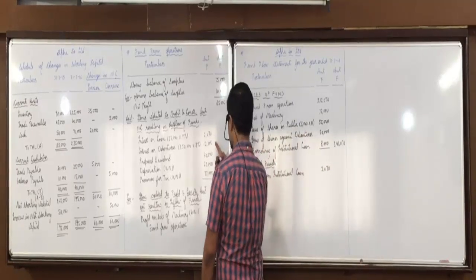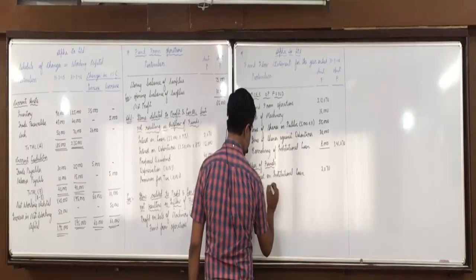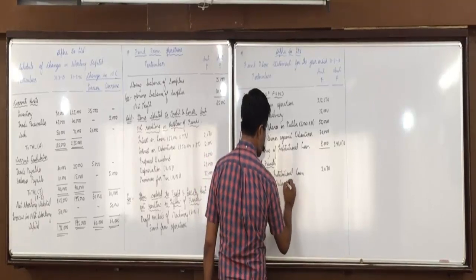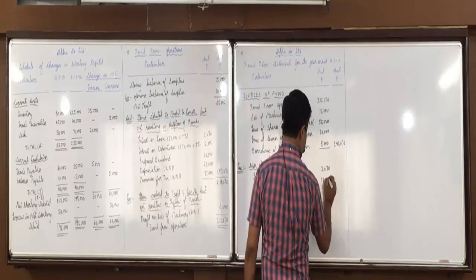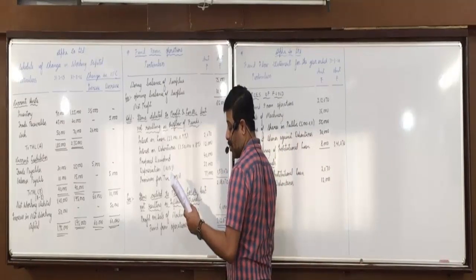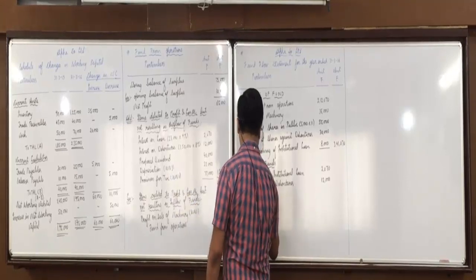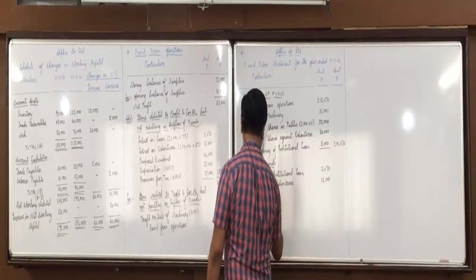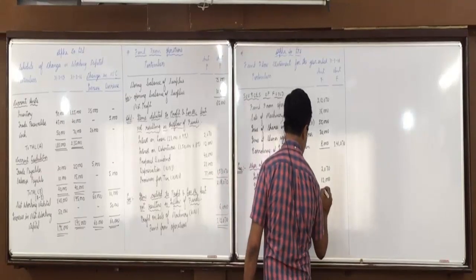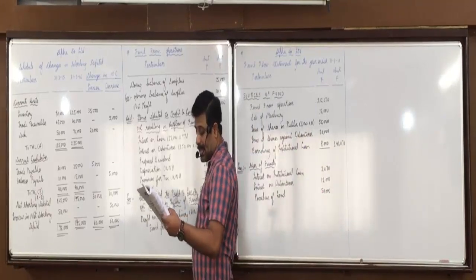Also interest on debentures 12,000 we have marked as uses of fund. Then on the liability side we have not marked any other uses. On the asset side, purchase of land 50,000. No other marking on the asset side.